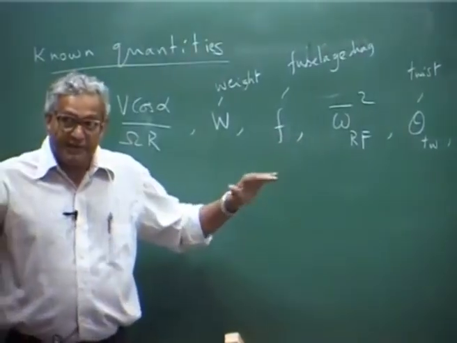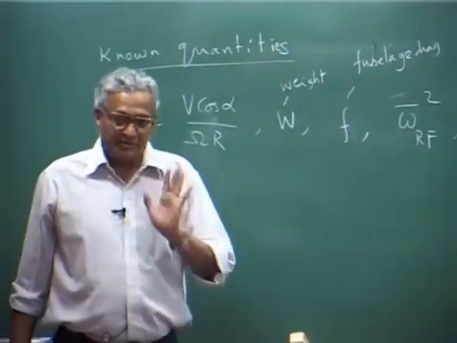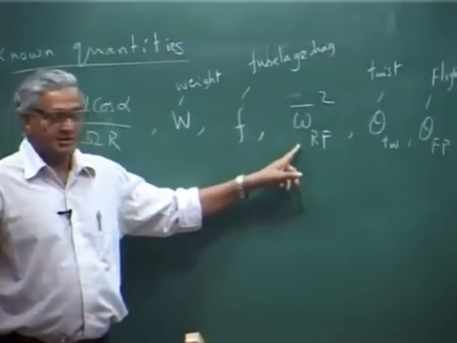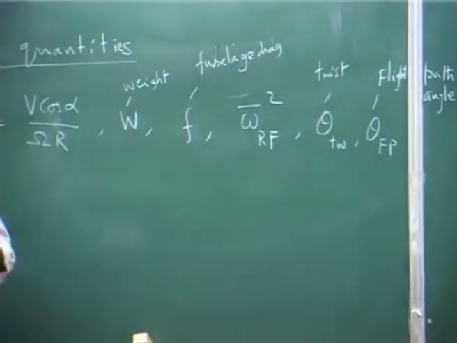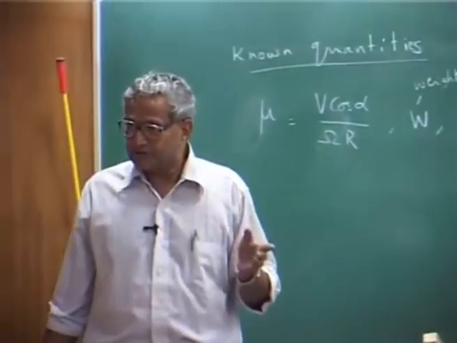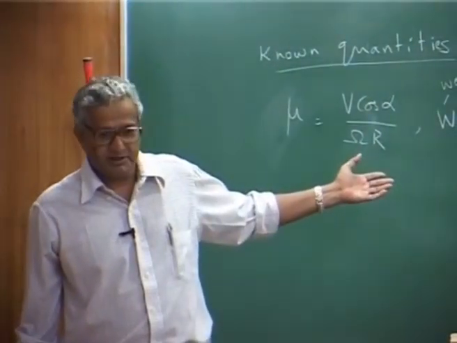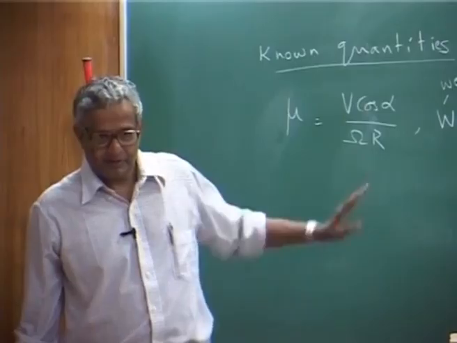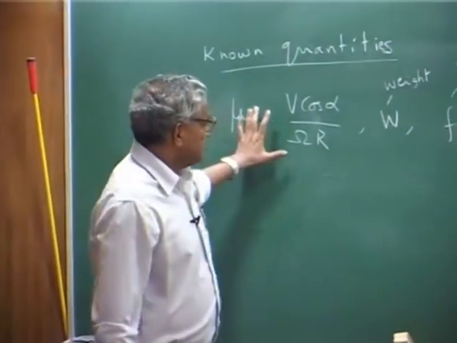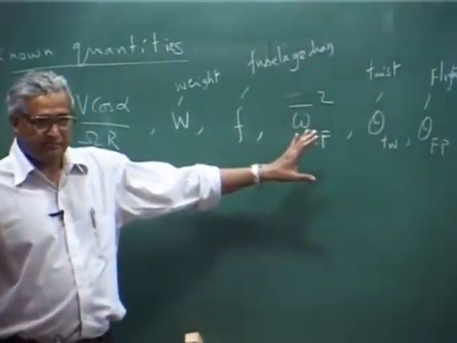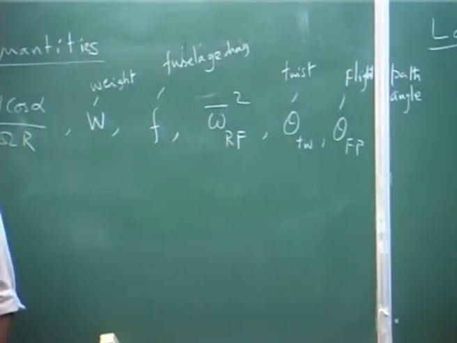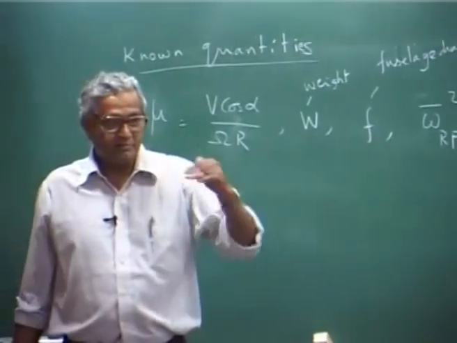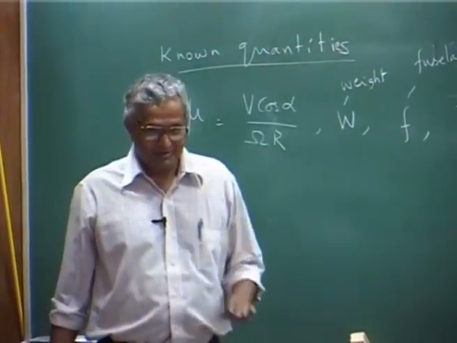We have simplified our problem by considering only flap frequency, that is why I put what is the rotating flap frequency. And of course, if you want geometric, what is the precone, beta naught, then you must specify that also, geometric values. Now, given these quantities, I will go and get those quantities and what is the power required for that particular flight condition. This is the basic question.